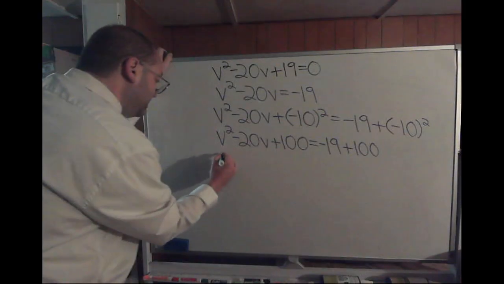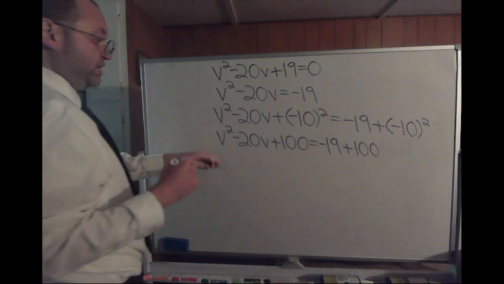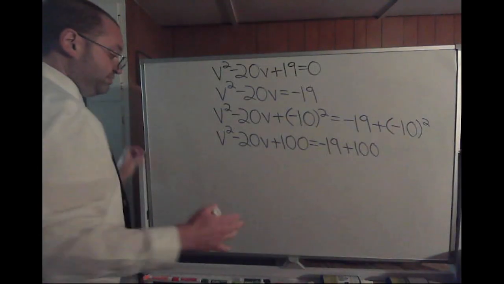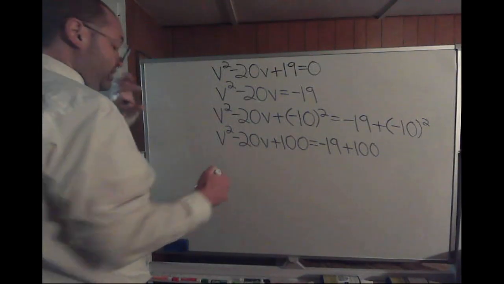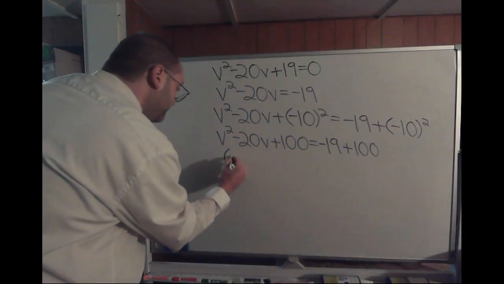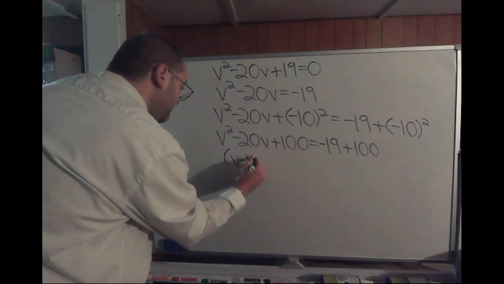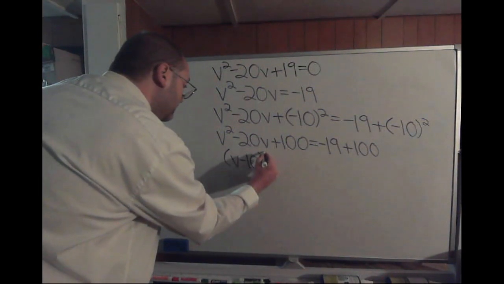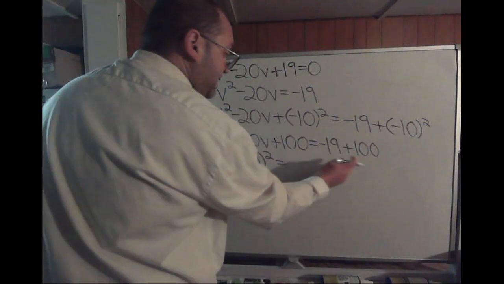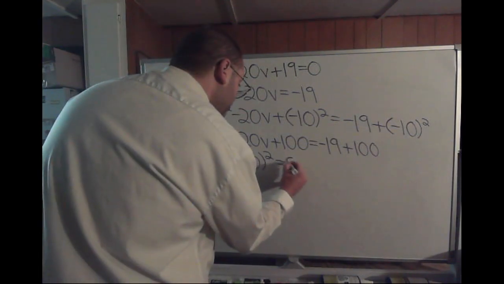which would have to mean that, now what we're going to do here, this v squared minus 20v plus 100, this will factor into a perfect square binomial of v minus 10, that quantity raised to the second power. That's going to be equal to negative 19 plus 100, which would be 81.